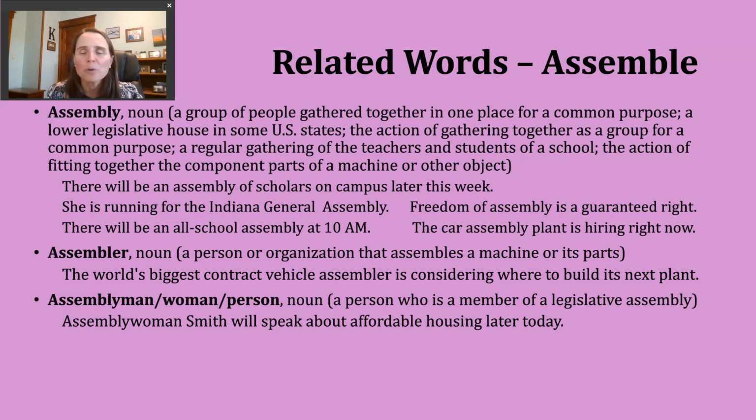And again, not all US states are going to use this term. You might hear senator, representative, but this is another title that is given. So an example of this might be, Assemblywoman Smith will speak about affordable housing later today. When we're using that as part of someone's title, you are going to see that capitalized.